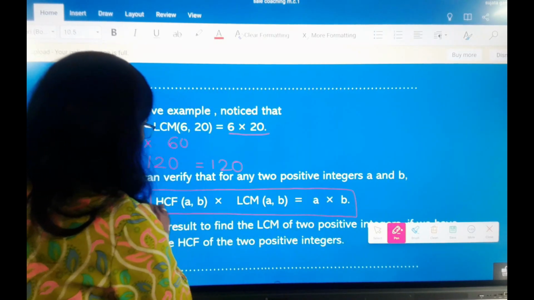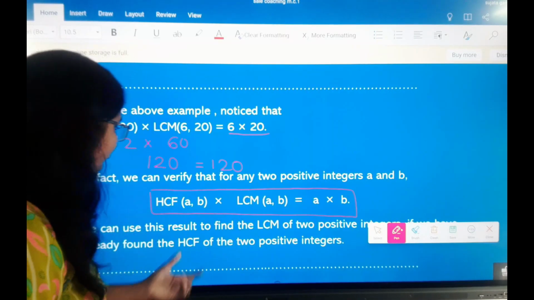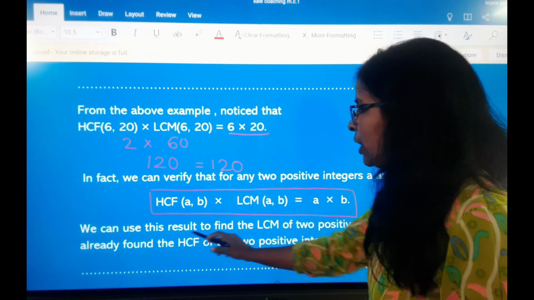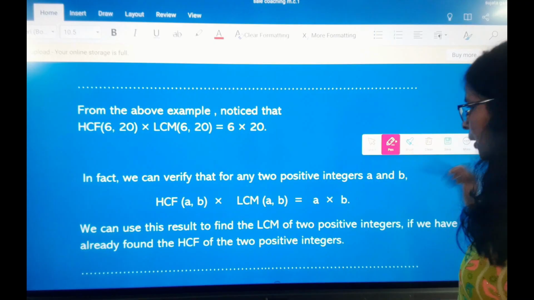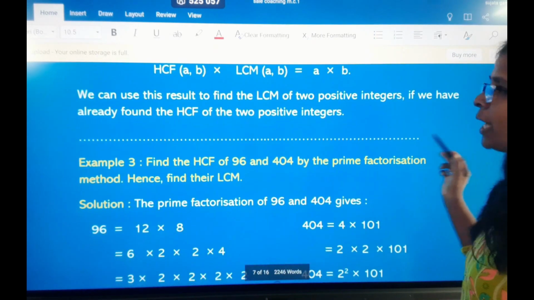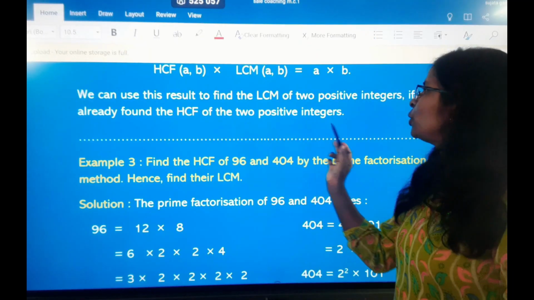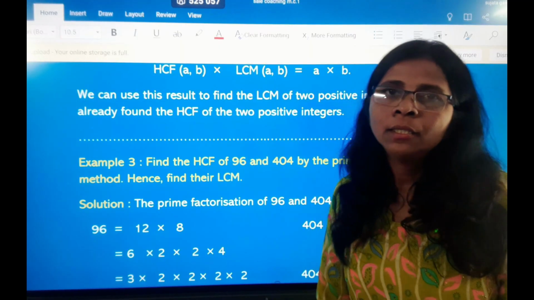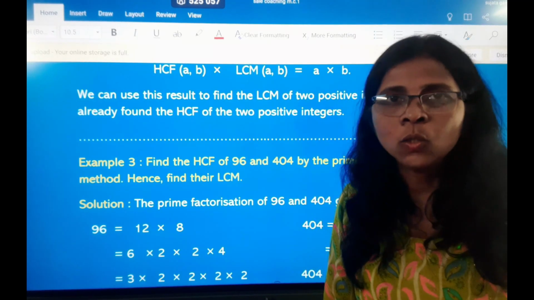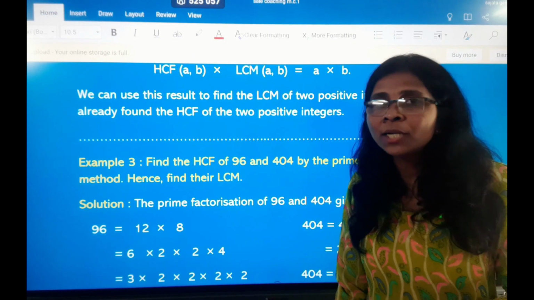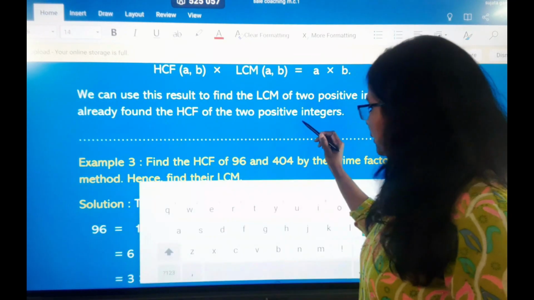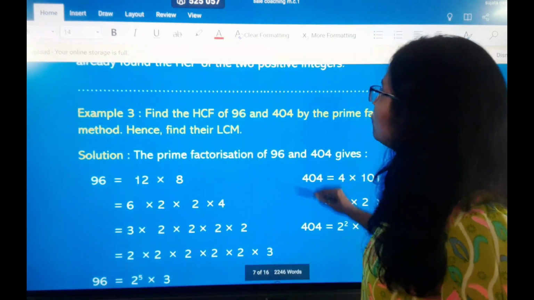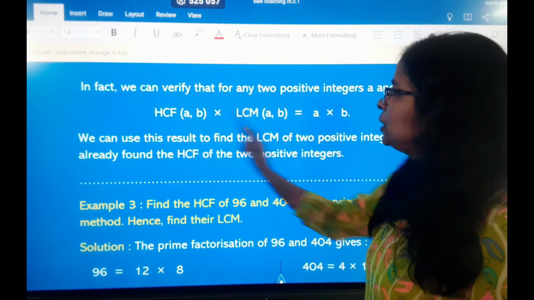Remember this. It is very easy. So now see, we can use this result to find the LCM of two positive integers if we have already found the HCF of the two positive integers. Suppose the HCF has already been found and you want to find the LCM, then you can use this formula also. So how will the formula for LCM look? The LCM is equal to A into B upon HCF.